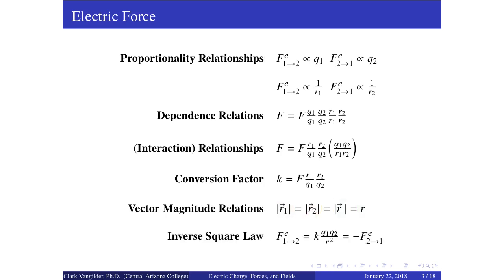All right. So we get this inverse square law out of all this. Why is it inverse square? Because the square is in the bottom. So 1 over R squared, inverse square. It's necessarily an inverse square because of the interaction up here, and because I actually have two vectors. I have an R1 vector going one way and an R2 vector going the opposite way. They have the same magnitude.